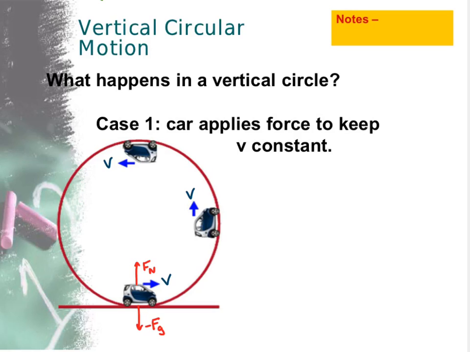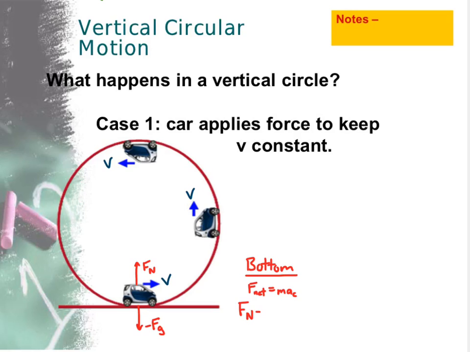The moment that this car enters the loop-the-loop, something interesting happens. At the bottom, the net force has to equal m times a, and the acceleration is the car's centripetal acceleration.